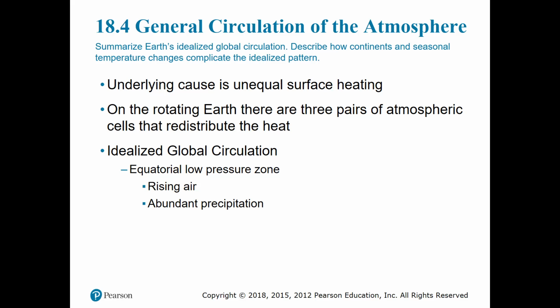And from our discussion about the ocean, we know that ocean currents also contribute to global heat transfer because we have those warm currents and those cold currents. So now we're going to watch another Smart Figure video that looks at how the circulation occurs throughout Earth.